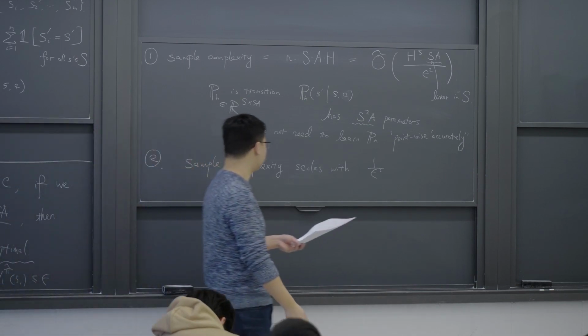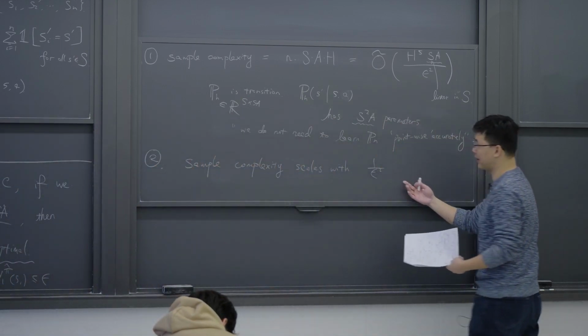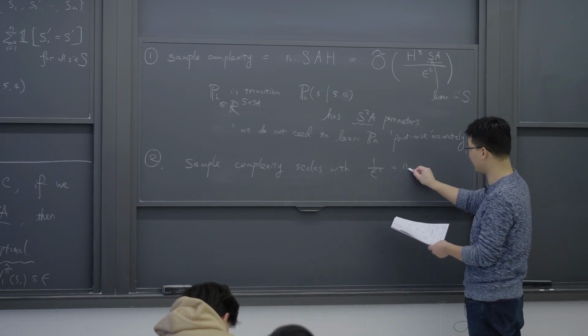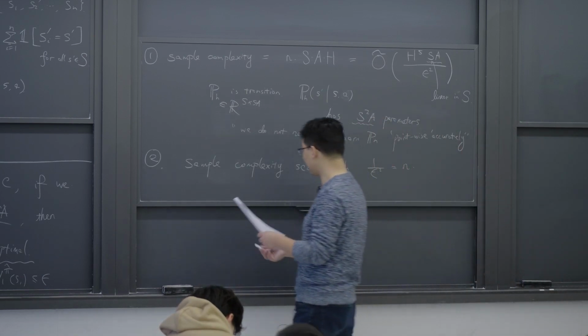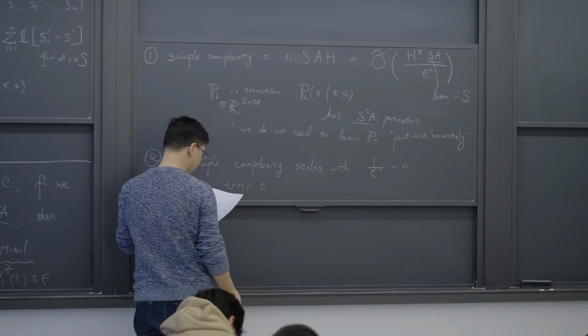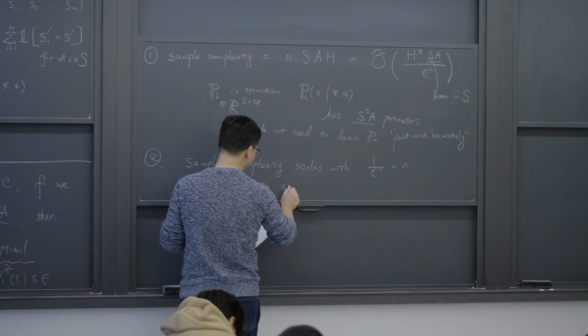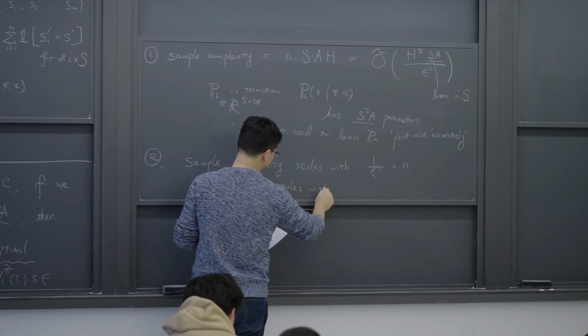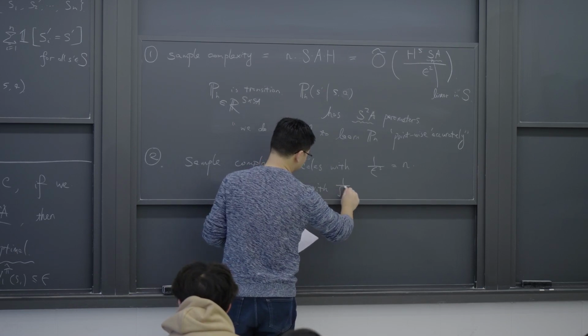So in terms of number of samples, it scales with 1 over epsilon squared. Let's just pretend this is the entire sample complexity. If we make this equal to n, this essentially says the error epsilon is going to scale with 1 over square root of n.